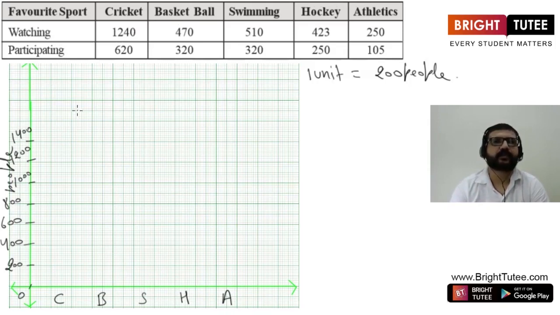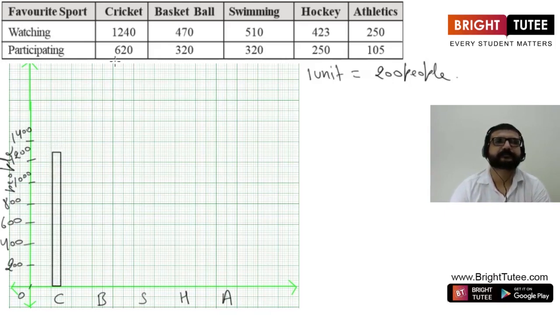So we have to draw a bar according to it. It will be like this. And the number of people participating in cricket is 620. So it will be approximately like this.